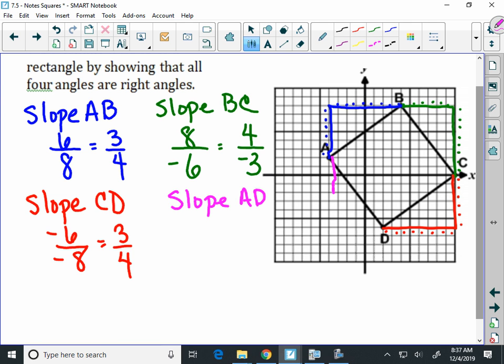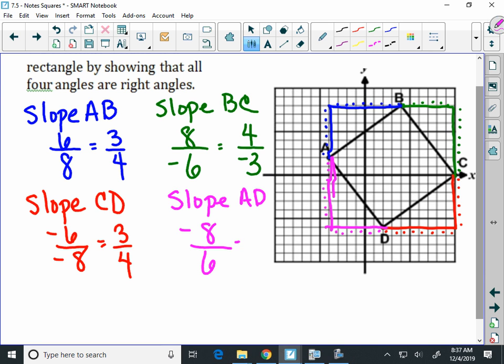And then when we finish over here with our last slope of AB, drawing in a triangle, we went down 1, 2, 3, 4, 5, 6, 7, 8. We went down 8. And then we went right 1, 2, 3, 4, 5, 6.